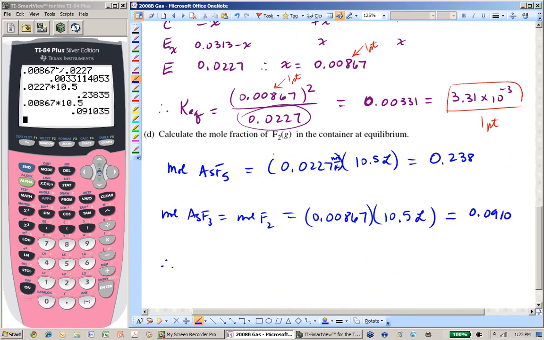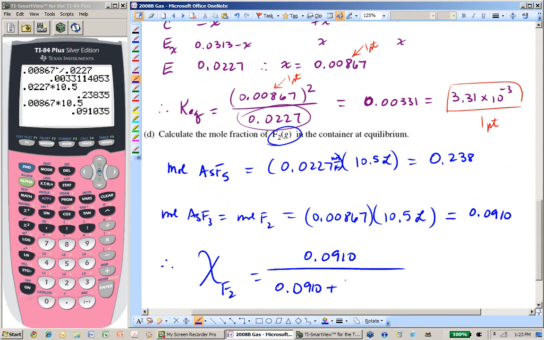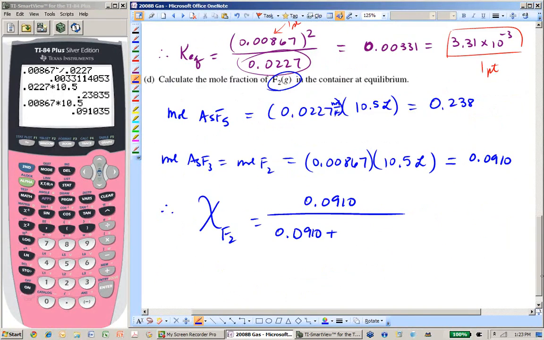So therefore, the mole fraction of F2 equals the moles of F2, 0.0910. And don't forget that you add that right in here. Do it right now. Do not wait. Don't forget. This is the most common mistake. Kids forget to add that number of moles back into the total. So you use that number twice.